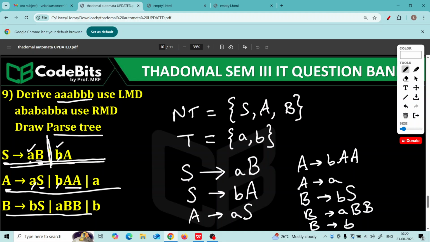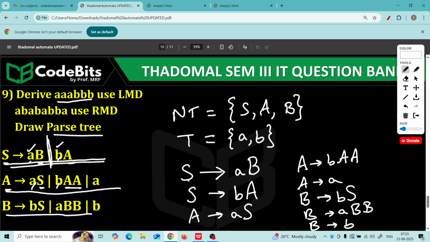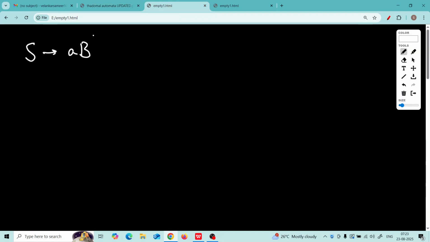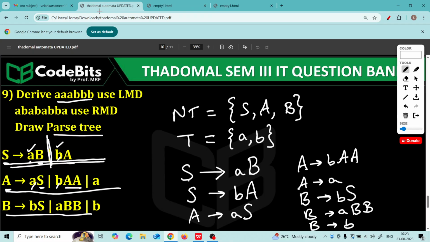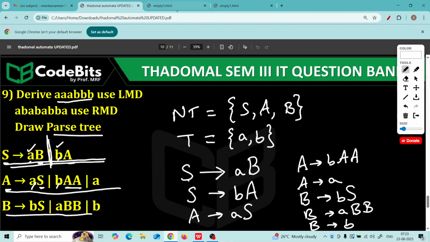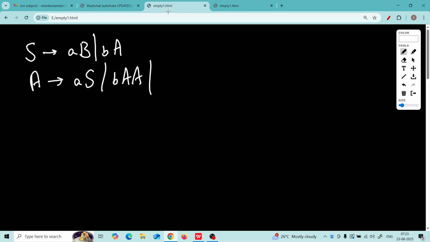So what was the grammar? The grammar was S derives AB or BA. Then what does A derive? A derives AS, BAA, or small a, that is terminal.